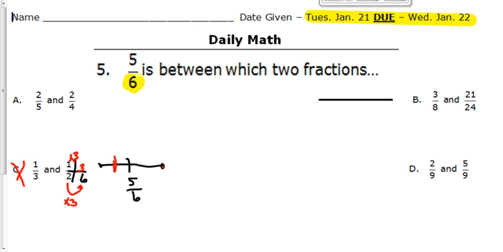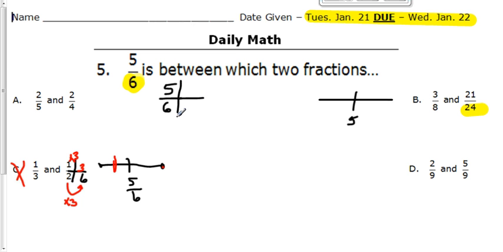Remember, you want 5/6 to come in between. So what I'm going to have to do with 5/6 is convert it, because I need to see what that is if 5/6 has a denominator of 24.